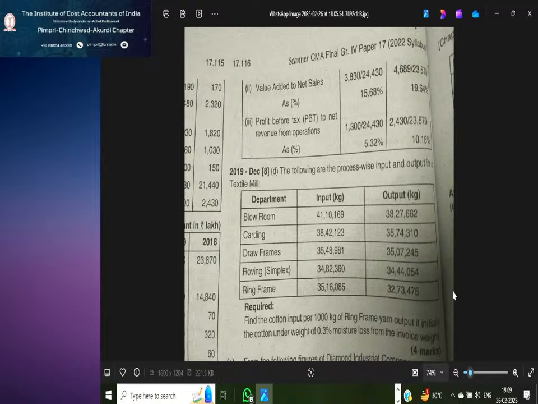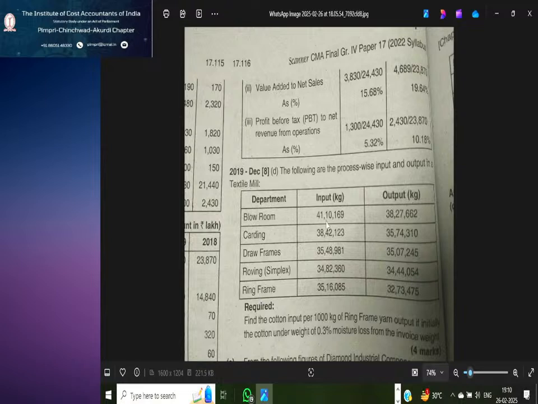For example, this is about a textile industry. Textile industry is basically based on which type of costing? Process costing. So if you look at the departments, it will be process-wise. First it goes to blow room, then carding, then draw frames, then roving, and then ring frame.